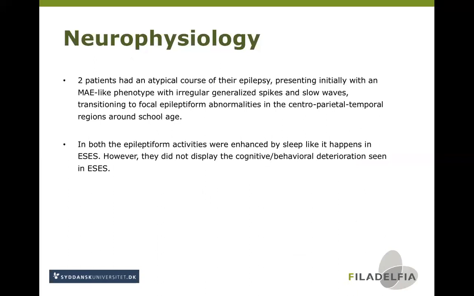In 2 patients, there was a sort of typical course of their epilepsy, where they initially presented with this MAE-like phenotype with irregular generalized spikes and slow waves, and then they transitioned to focal epileptiform abnormalities around school age, enhanced by sleep, like it happens in ESES, for example.